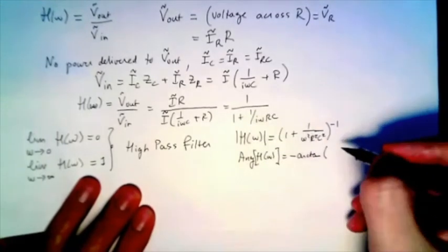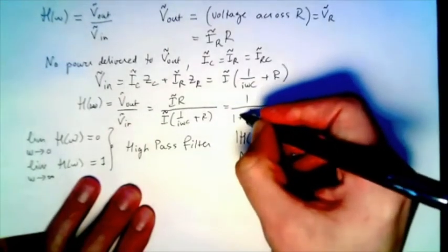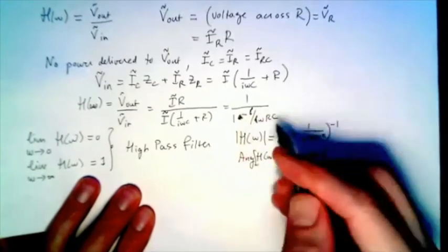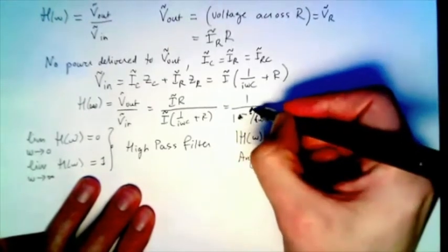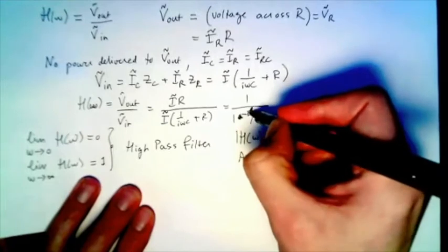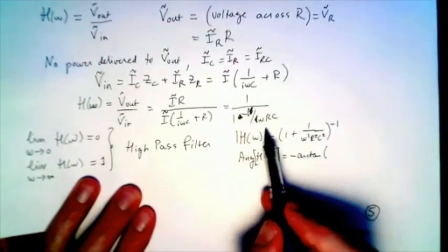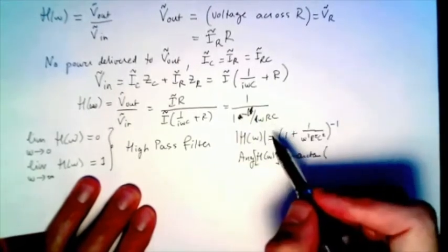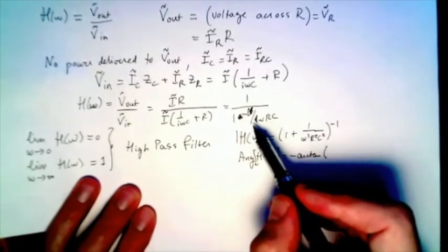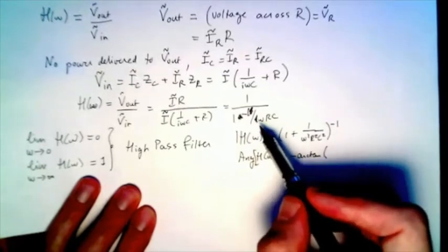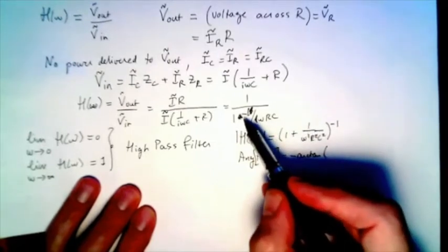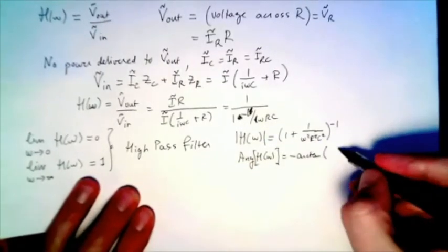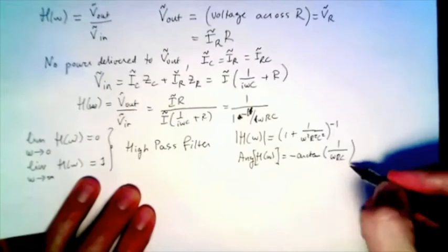So I'm going to draw that explicitly here. So I'm going to move the i up so I don't get questions anymore of why there's a minus here. Okay, minus i. Then it's minus the arctangent of the number in the denominator. And that's the arctangent of the imaginary part over the real part. So the imaginary part is minus 1 over omega RC. Real part's 1. So you get 1 over omega RC.